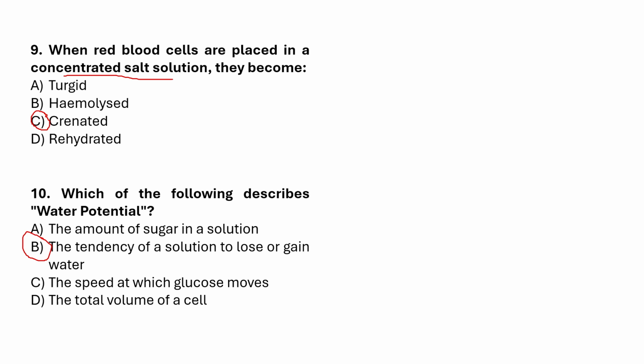So water always moves from a region of higher water potential to a region of lower water potential. That is the reason the answer is B, tendency of a solution to lose or gain water.